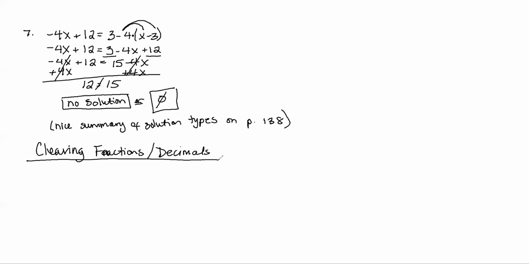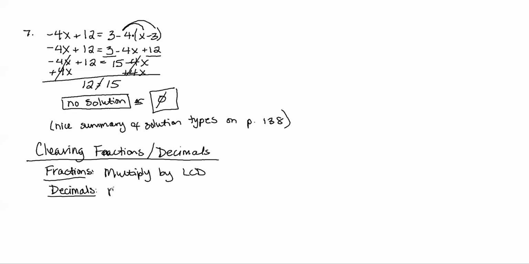And so what we're going to be doing for the fractions is we're going to multiply by the LCD. And then for decimals, this one will make a little bit more sense when we take a look at an example.